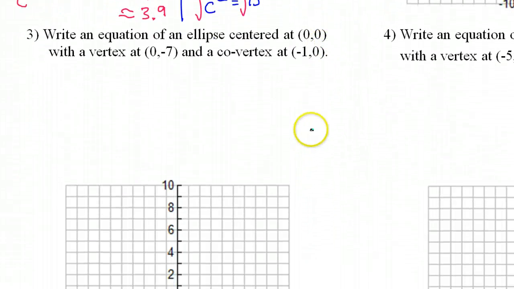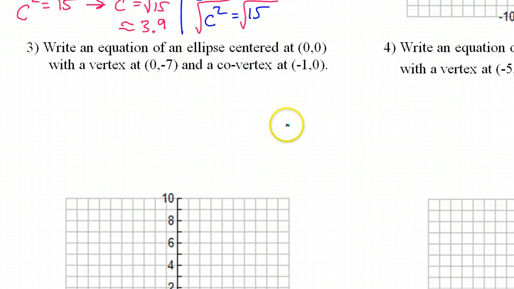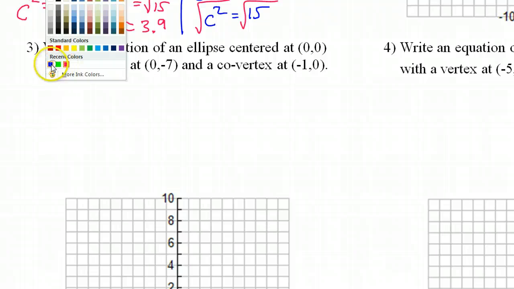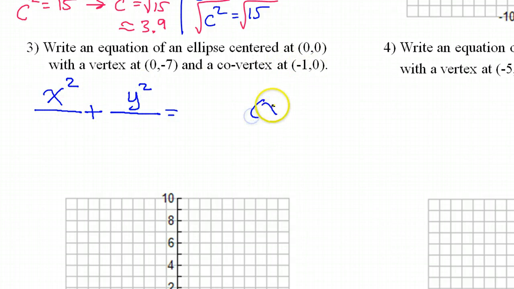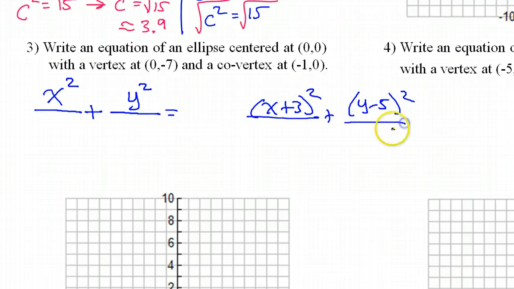Write an equation for the ellipse centered at 0, 0. As soon as I see that it's centered at 0, 0, that immediately tells me that I've just got x squared. Ellipses are always positive here. Then I've got y squared. Tomorrow, when we're not at 0, 0, we're going to see things like x plus 3 squared over something, and y minus 5 squared, equals 1.